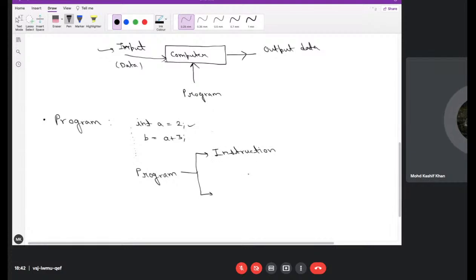So in the program, what do we have? We have the instructions and we have the data. These two things we have in a program, right?